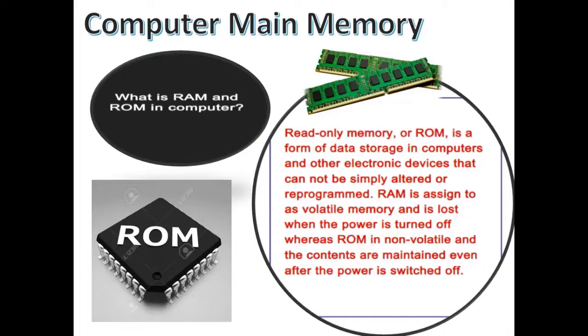And the ROM is the non-volatile memory, where we cannot write or edit the information which is written on it. And we said that the RAM is the temporary memory, and the ROM is the permanent memory of the computer.